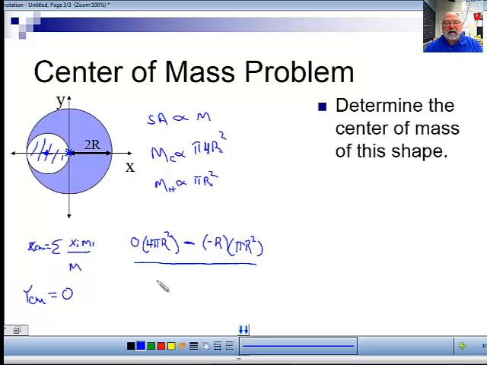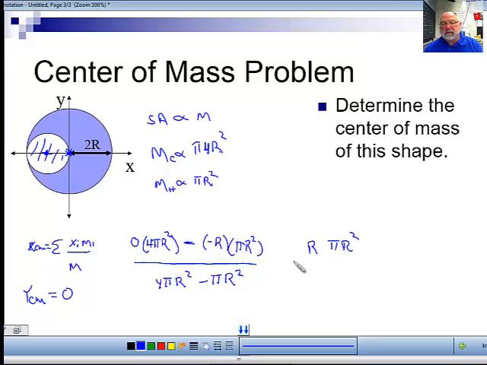Well, the first mass is 4 pi r squared, and the total mass of this whole, we have to subtract, which is pi r squared, and we add this up, and we have r times pi r squared.